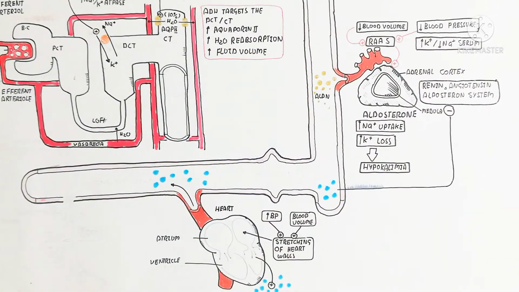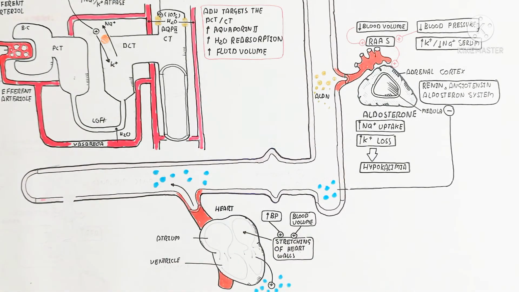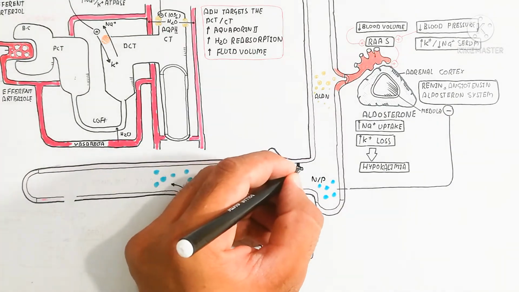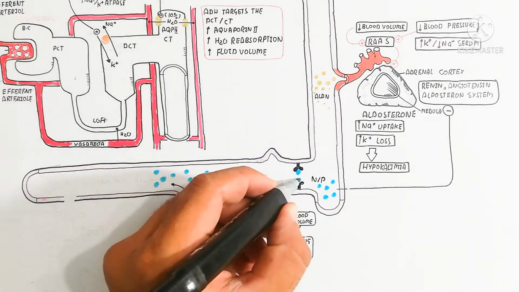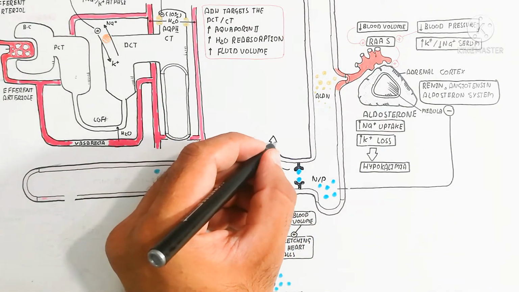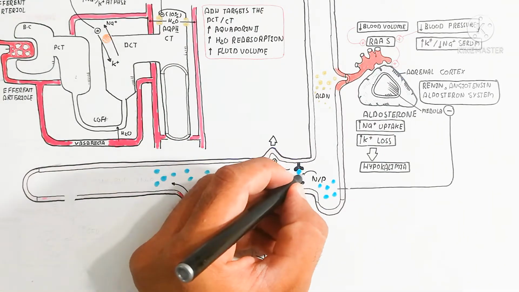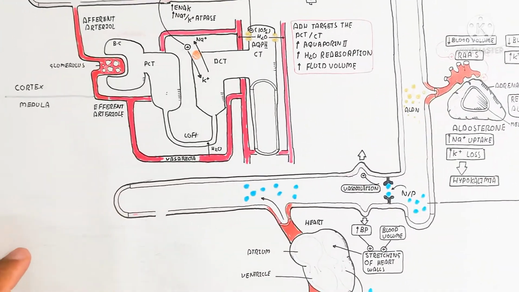After binding with the receptor, it leads to vasodilation, while on the other hand it inhibits the renin angiotensin aldosterone system. Why? Because it is opposite, and it increases the vasodilation to decrease the blood pressure. So the vasodilation will lead to decreased blood pressure.